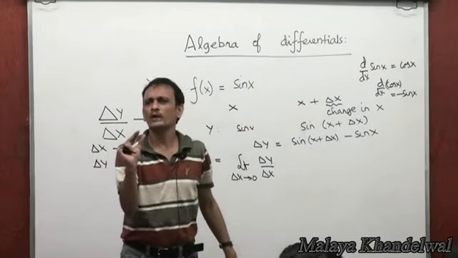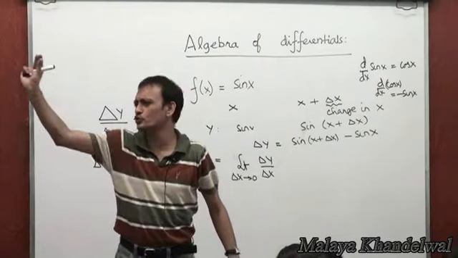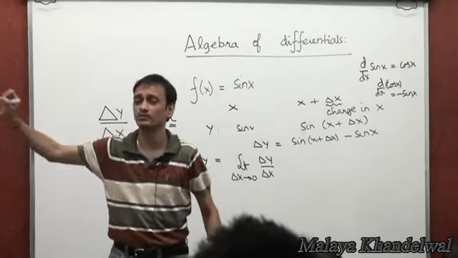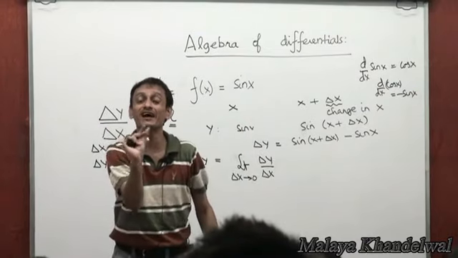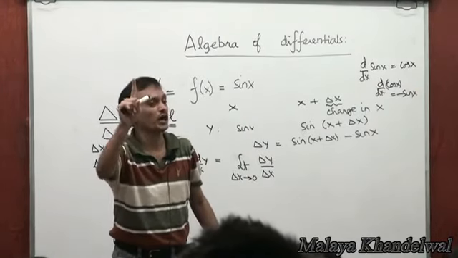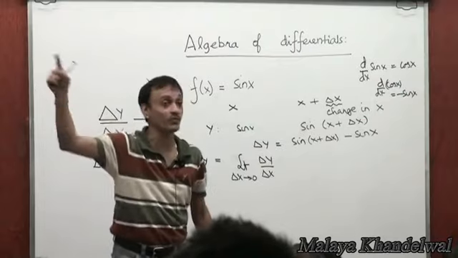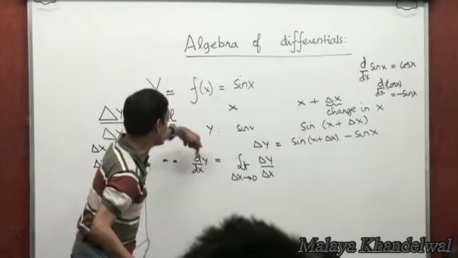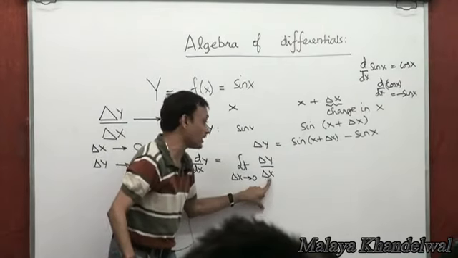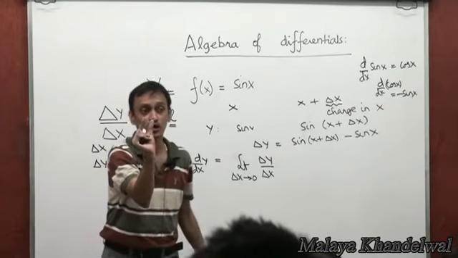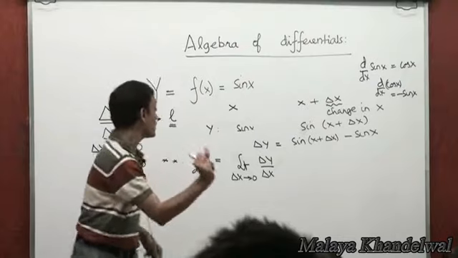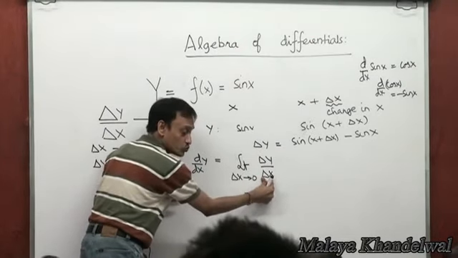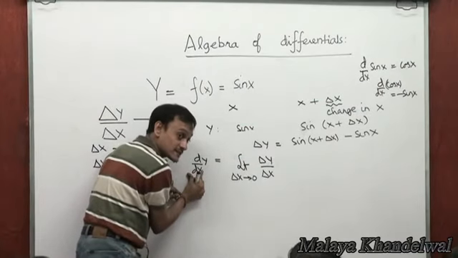So when delta y comes closer and closer to 0, that is, the change in y becomes smaller and smaller, we can look upon delta y as dy, an infinitesimally small change in y. And delta x also begins to shrink, comes closer and closer to 0. I can look upon delta x, as it comes closer and closer to 0, as dx.